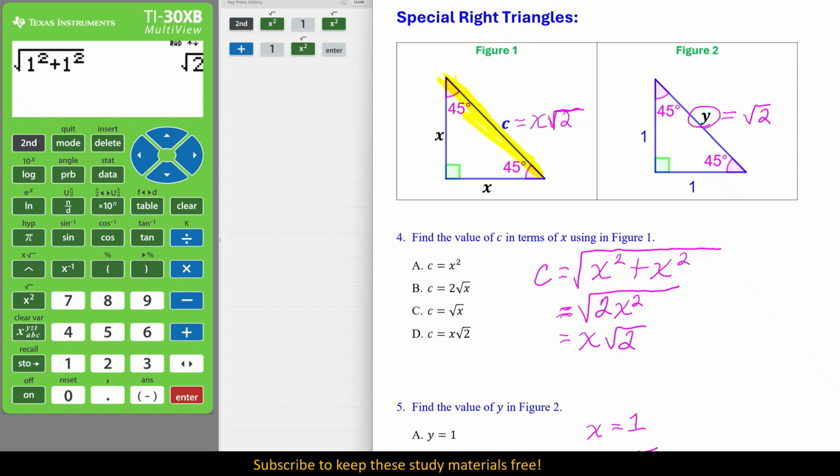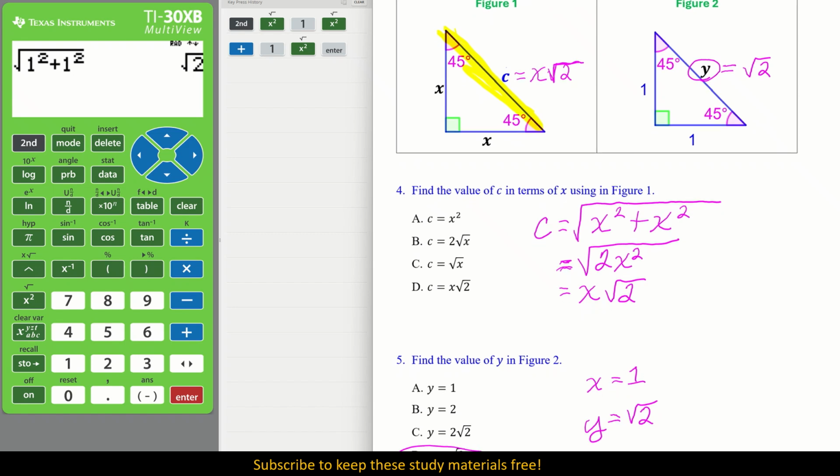Notice it's isosceles because if you turn it to where you recognize it, you have the right triangle, but then the other two angles are congruent and the legs are congruent. Okay. All right. So let's move on to number 6.